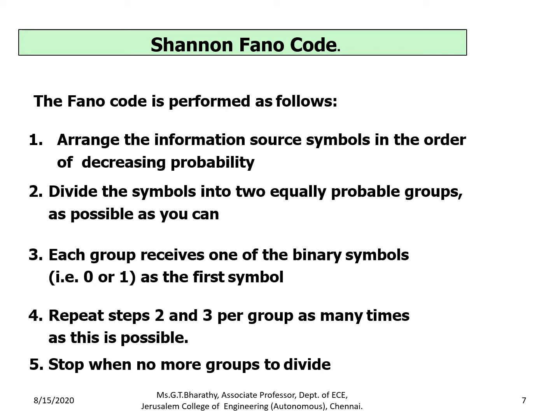Step 3: each group receives one of the binary symbols 0 and 1 as the first symbol. Basically we give 0 to the symbols in the top part and 1 to the symbols in the bottom part. Fourth step is to repeat steps 2 to 3 for the groups as many times as possible. And finally, stop when there are no more groups to divide.